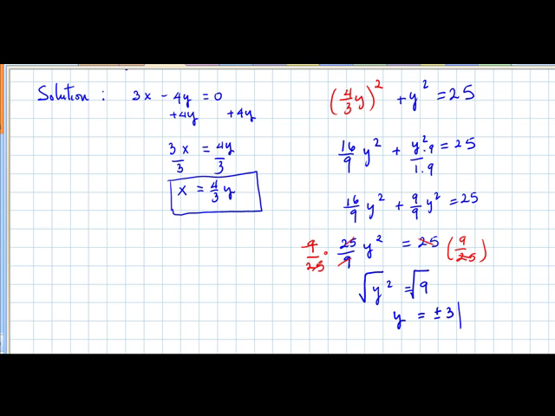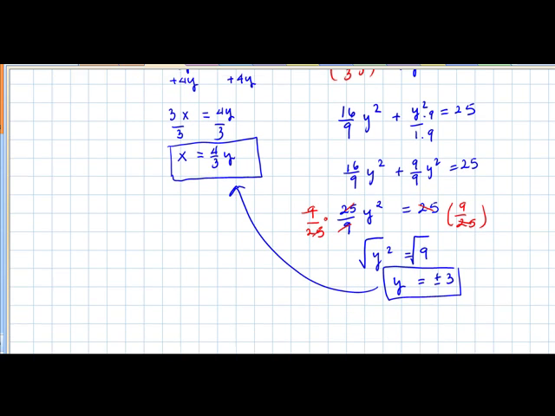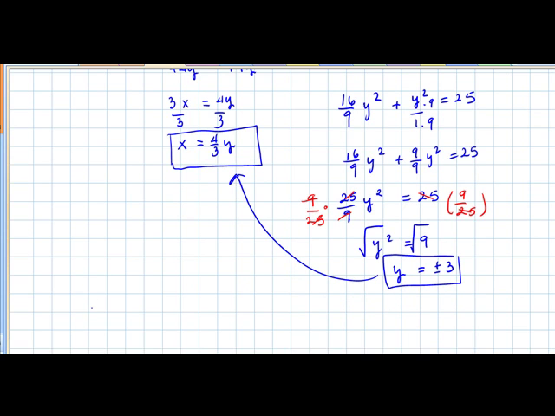So now here's our y, and I just need to find x. To find x, it's easy. We substitute the y value back into this equation to solve for x. Straightforward. Okay, let's do that. So if y equals 3, then I put 3 inside here, so x equals 4/3 times y, but y is 3.